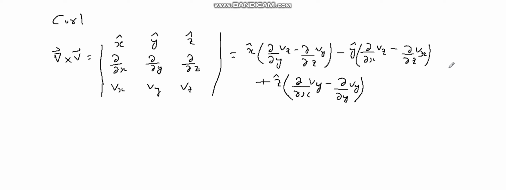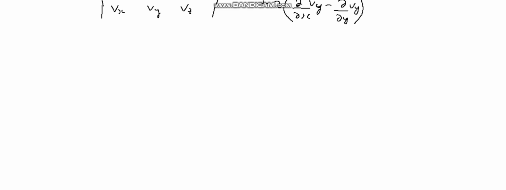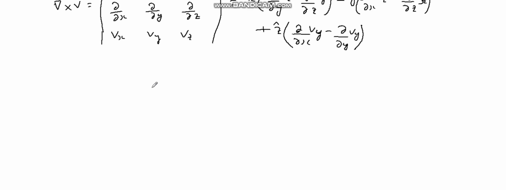Now, what does curl physically represent? Well, it represents how much the vector field rotates. Okay, so for example, instead of a general vector field, let's take a specific example, which may be the motion of a fluid. Suppose water is flowing.